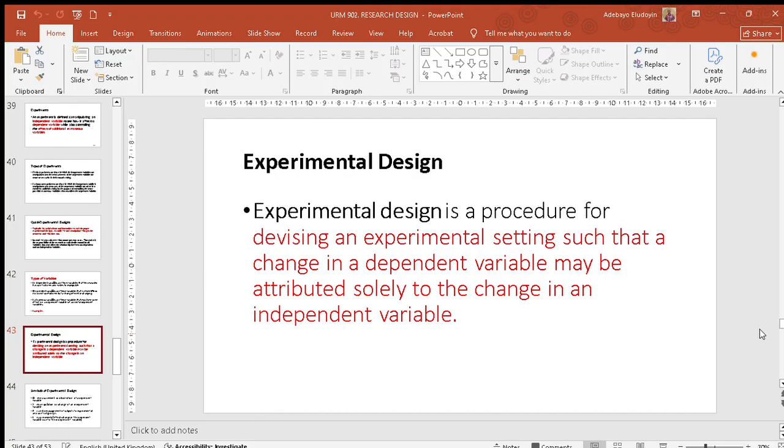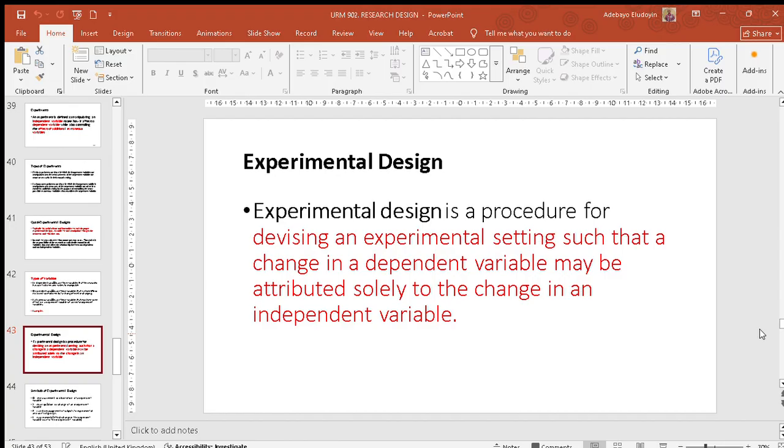records of observation. And so, when you're talking about experimental design, number one, we have a setting for your experiment, and that setting must accommodate your dependent variable and your independent variable.